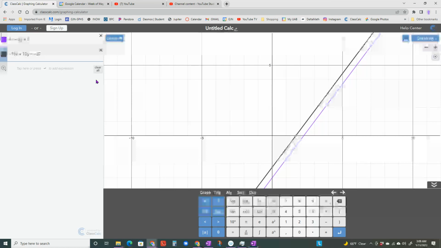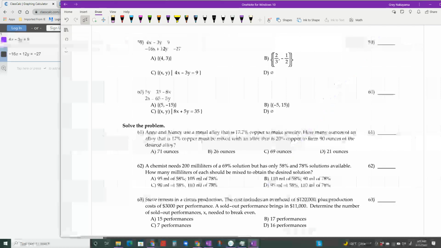Now, some of y'all can tell this by looking at it and not having to graph it, but that's fine. But the surefire method is to put it in, make sure you've typed everything in correctly. These two lines never intersect. So if they never intersect, then I know the answer is D, no solution.